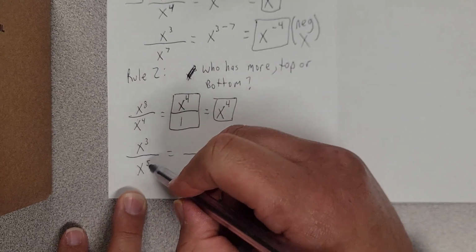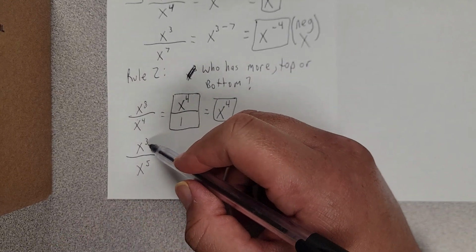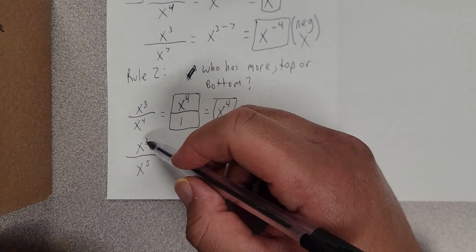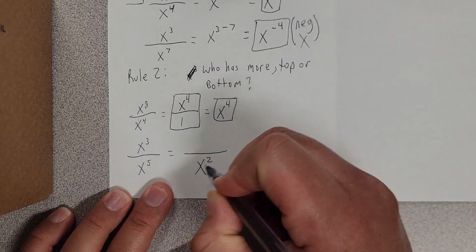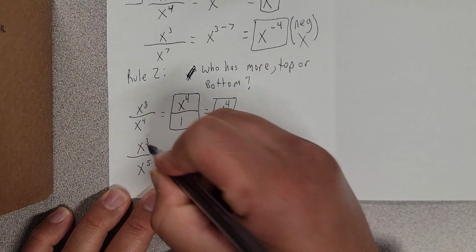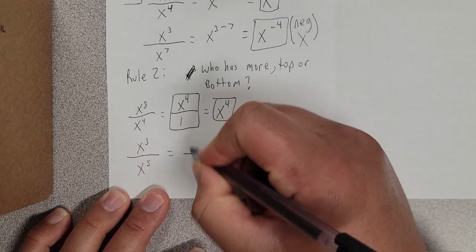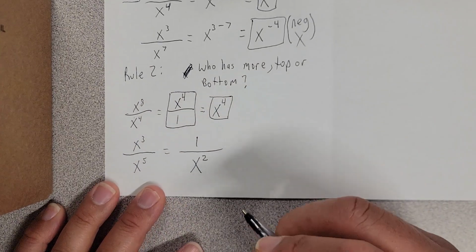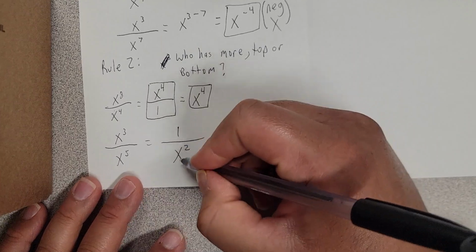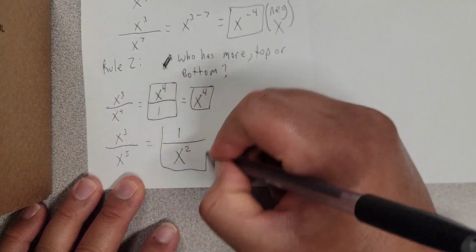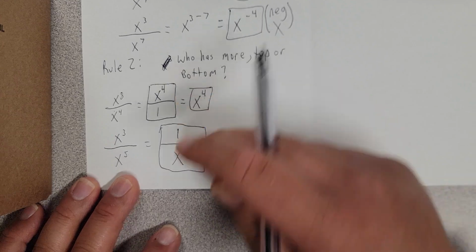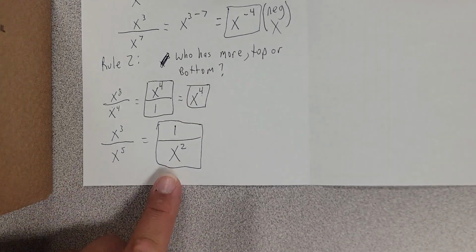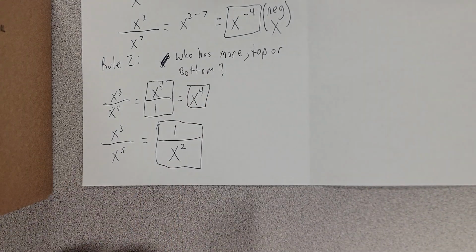We change it a little bit because I'm going to get the bigger one minus the smaller one. So there's 2 more. All right, the big number minus the small number. Now on the top, don't leave it blank. We want to put a 1, and this is 1 over x squared. So that's it. We cannot change it like this because it's on the bottom of the fraction. So it's positive. Okay, there's no more negatives.